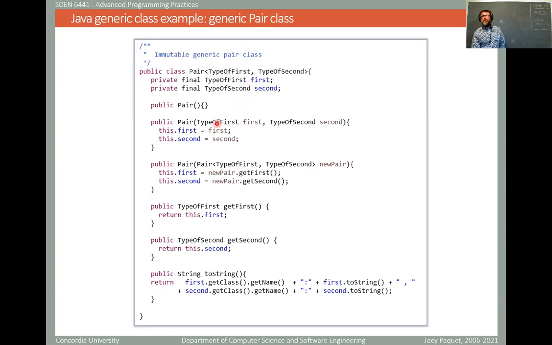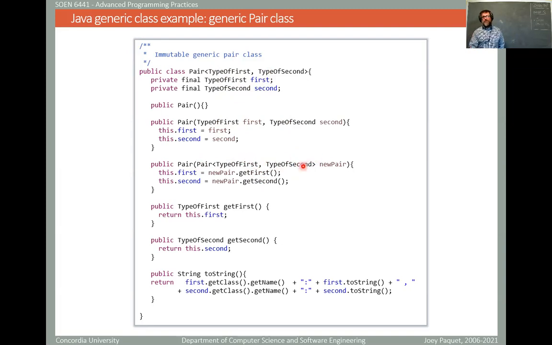Then of course my constructor needs to use these two types here, which are respectively the same type of first and second. Here I actually have a copy constructor. So I'm taking a pair of type first, type second, and then I'm creating a new pair object out of this pair that was passed as a parameter.